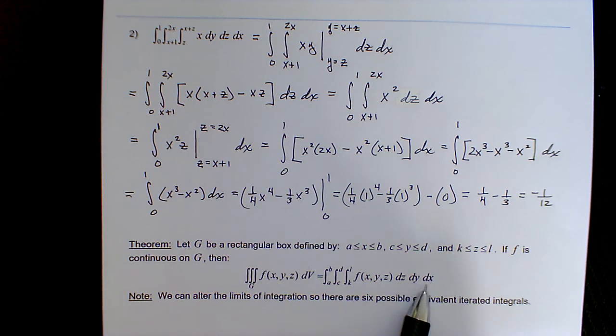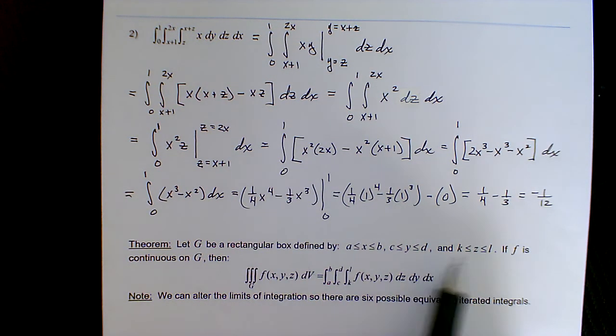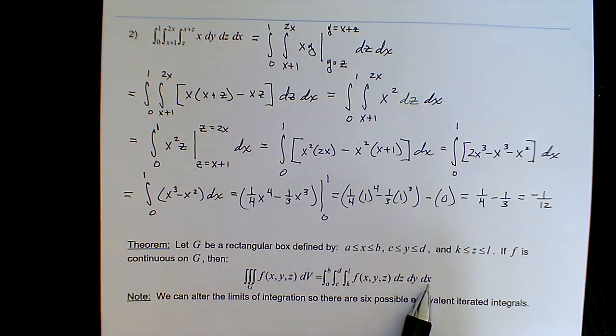But you want to set those up first before you denote the limits of integration, because you want to make sure that the inner differential, in this case dz, corresponds to z's limits of integration, which are k to l. The next variable is y, and those limits of integration c to d correspond directly, and then the outer limits are with respect to x, which goes from a to b.